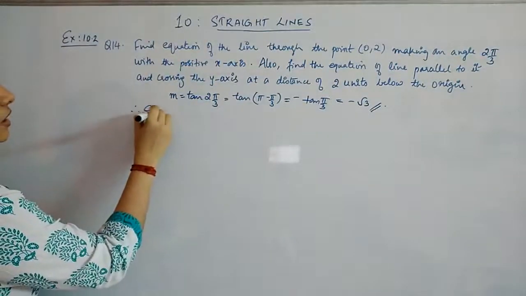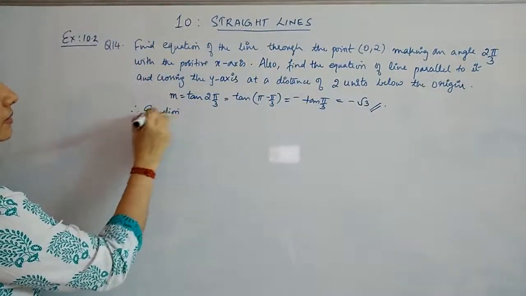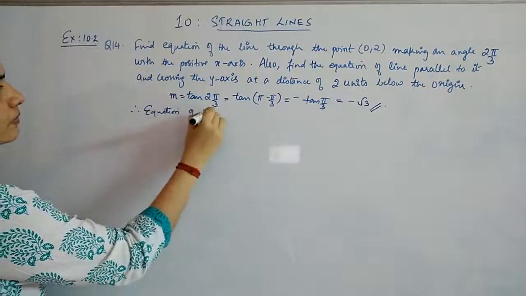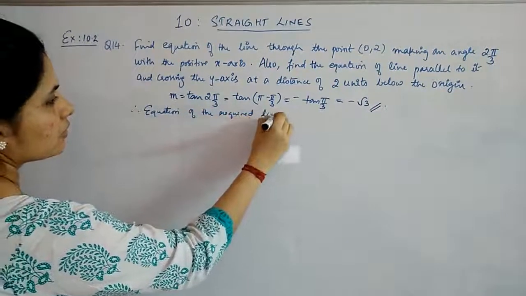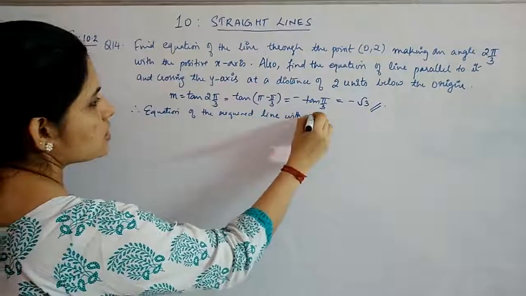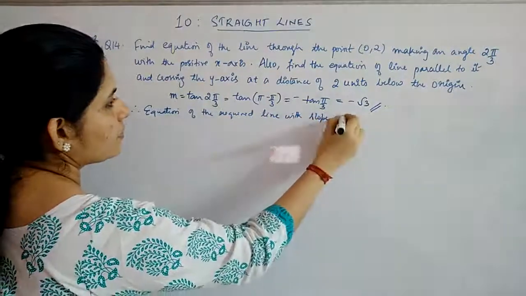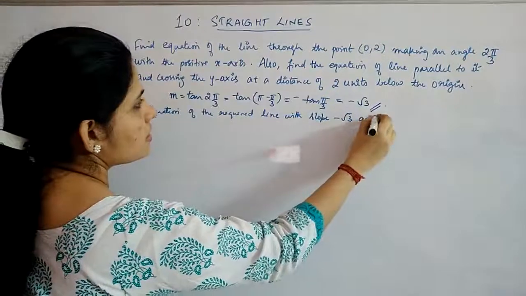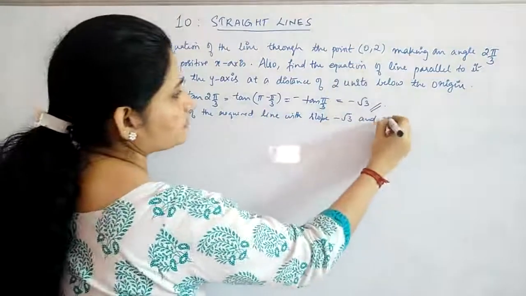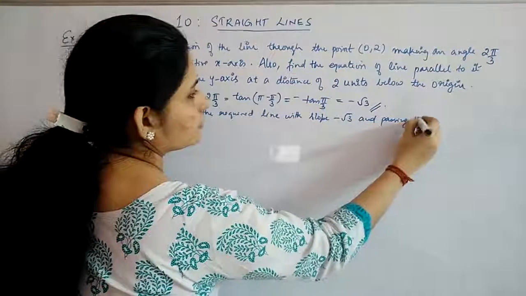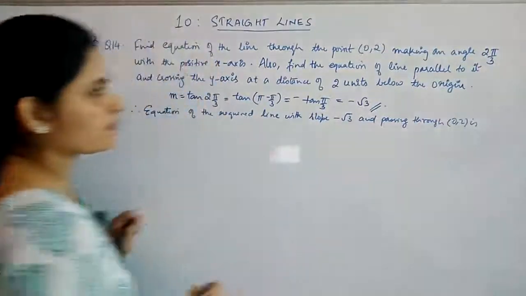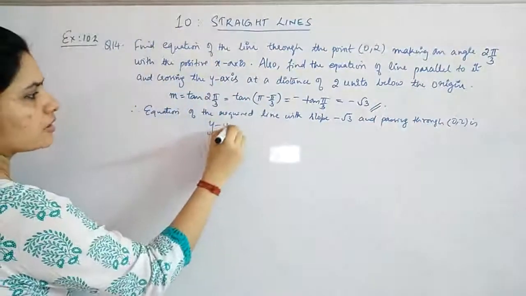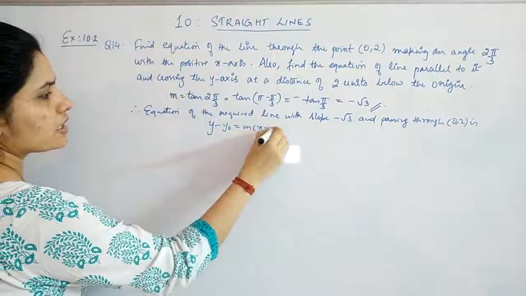Therefore, the equation of the required line with slope minus root 3 and passing through the point (0, 2) is y minus y naught equal to m into x minus x naught.